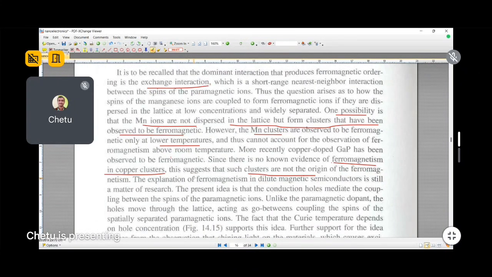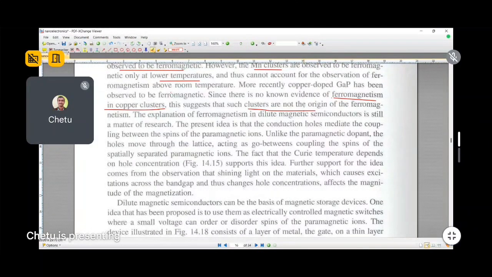So this is how the traditional knowledge is being changed at the nano level. Okay, and therefore there needs to be more study in this field. The explanation of ferromagnetism in dilute magnetic semiconductors is still a matter of research.